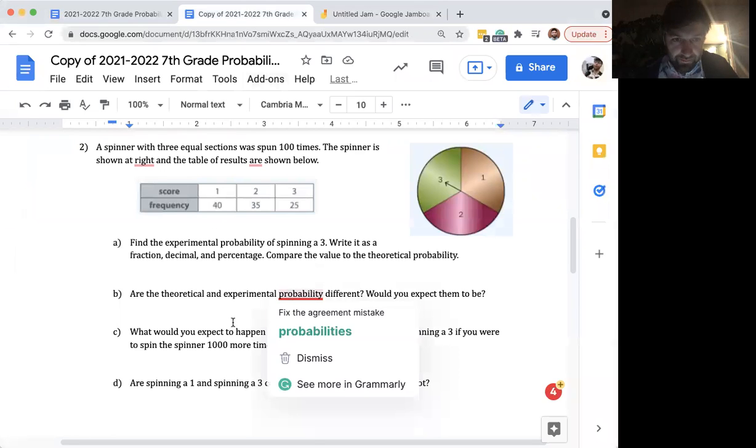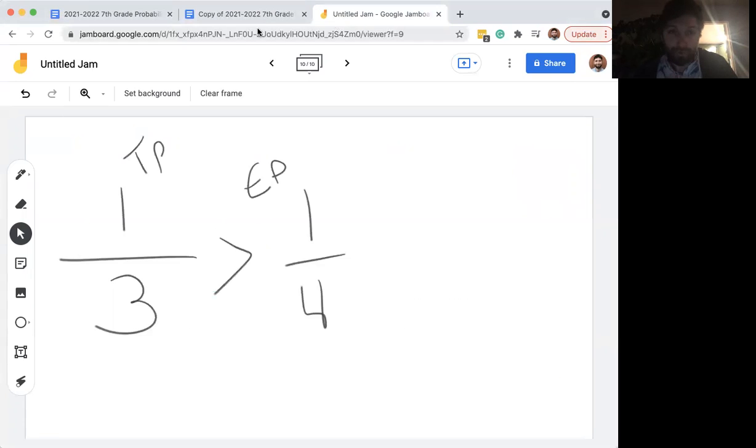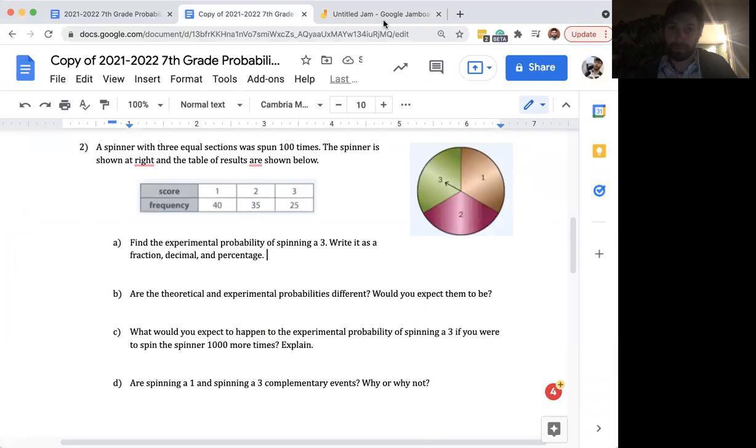Now it says, are the theoretical and experimental probabilities different? Would you expect them to be? The first part is just a reframing of the compare. So are they different? Yes, they are different. Would you expect them to be?